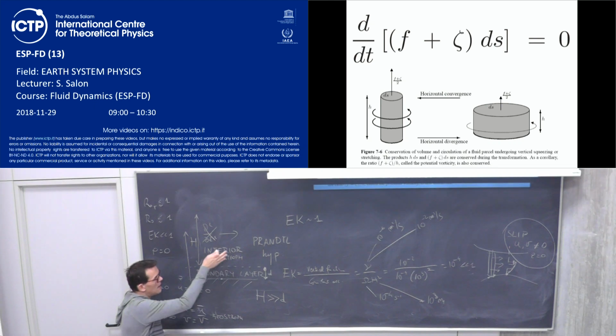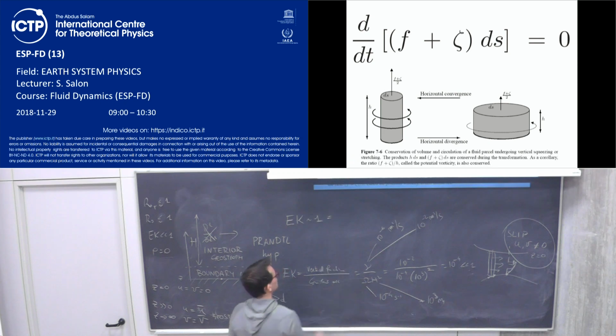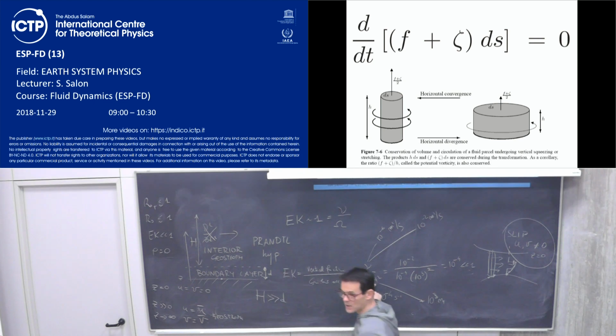As soon as I'm approaching the bottom, I'm starting to feel the friction. So I'm starting to have a second order derivative, which is no longer 0. So it means that these two terms become equal. So we can again rewrite nu over omega, no longer H, because the scale of the boundary layer is D.